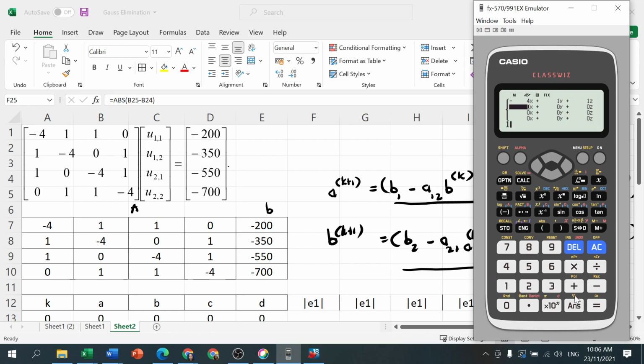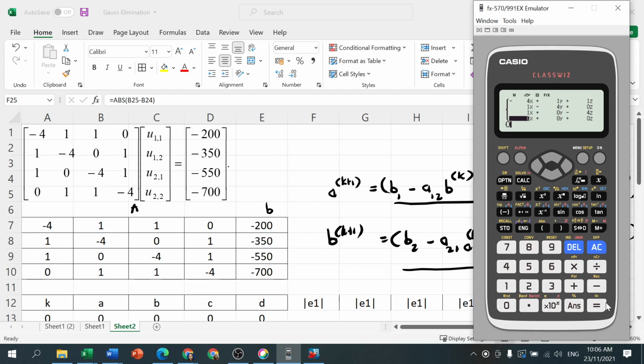Then 1, -4, 0, 1, -350. Then 1, 0, -4, 1, -550.